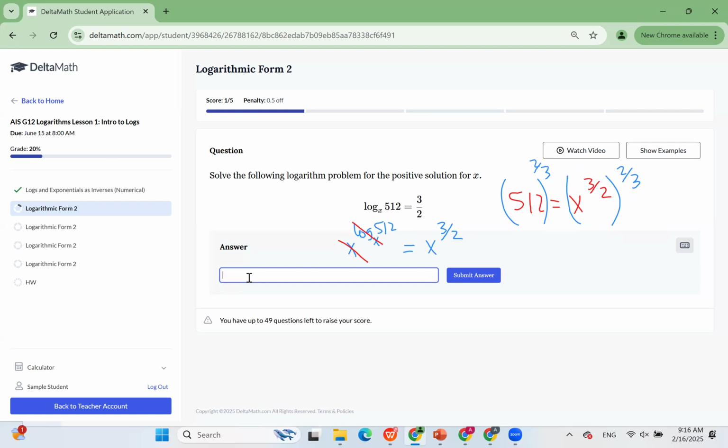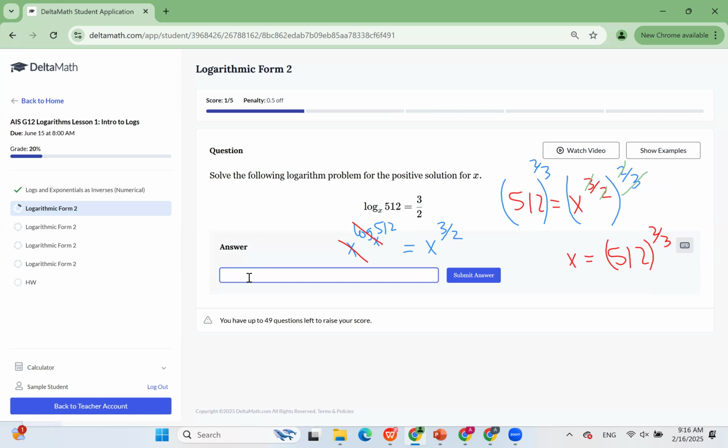Now we will multiply the 3 and the 3, and they will cancel out. 2 and 2 will cancel out as well. We multiply both powers to get rid of the numbers. And we're just left with x equals 512 to the power of 2 over 3. You can just use your calculator to figure this out.